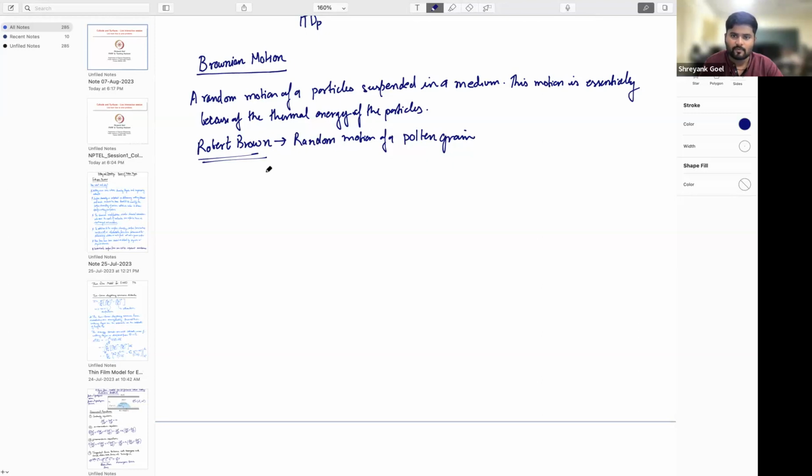Because the type of particle doing Brownian motion is important. I will discuss that. What kind of particle should do the Brownian motion?